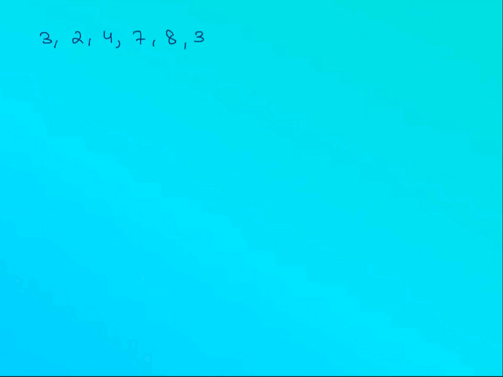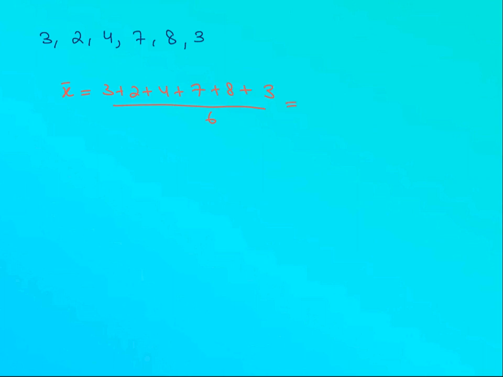Now this is the last example. Again, we have to find the mean absolute deviation. So we begin with finding the mean. So that's x bar, which is 3 plus 2 plus 4 plus 7 plus 8 plus 3 upon 6.